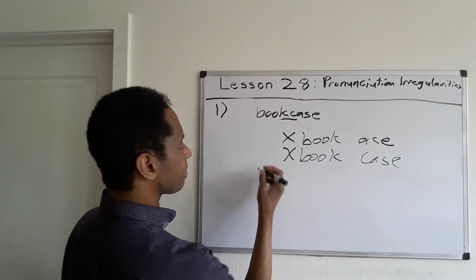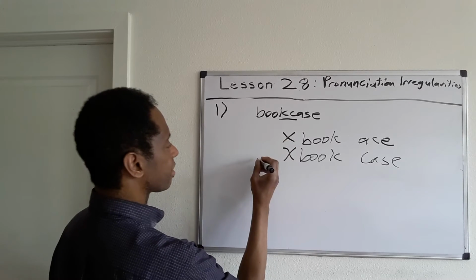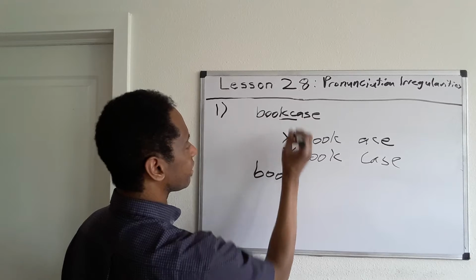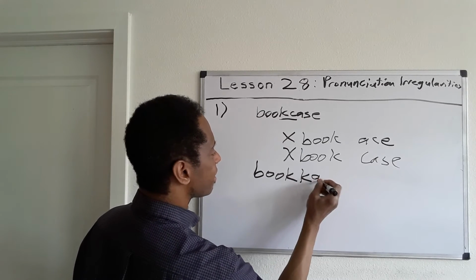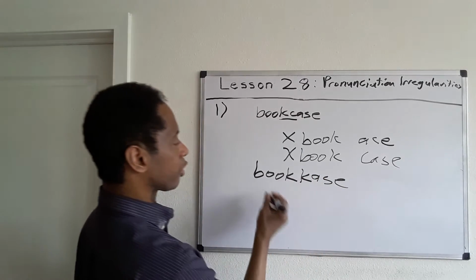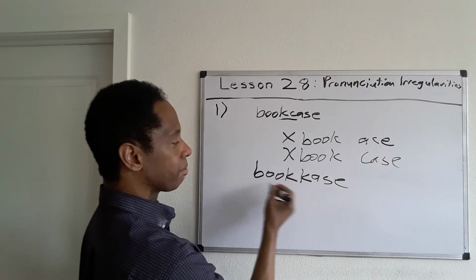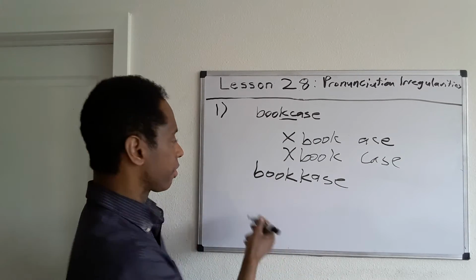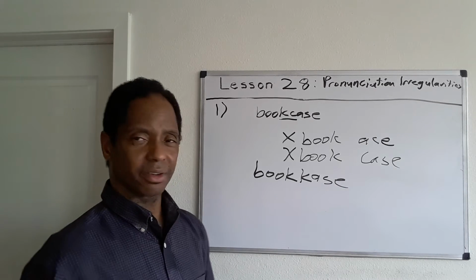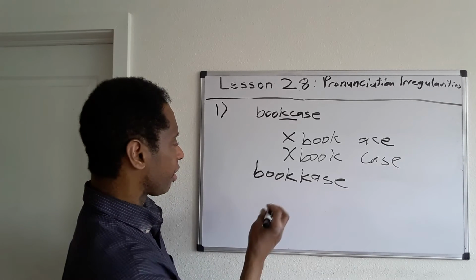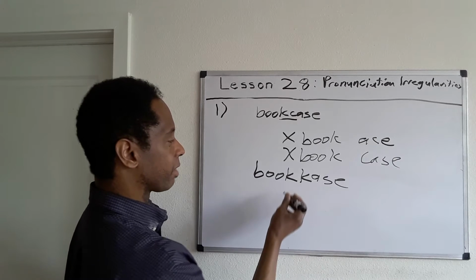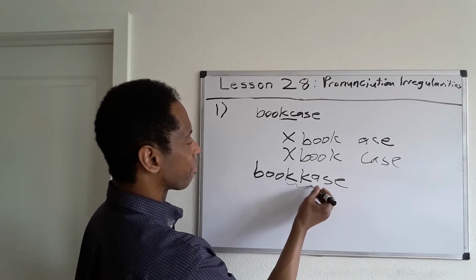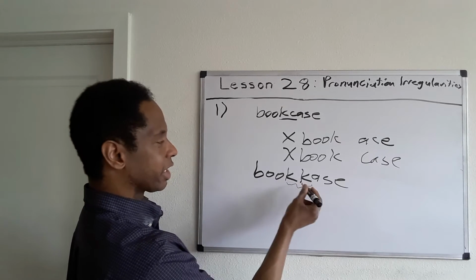Well, in Japanese, let's just rewrite this. Let's say we saw book, and instead of a C, we put a second K, and wrote it that way. Bookkase, but still pronounce it like we usually do. It's a hard topic to speak about, but this is a weird issue right here.